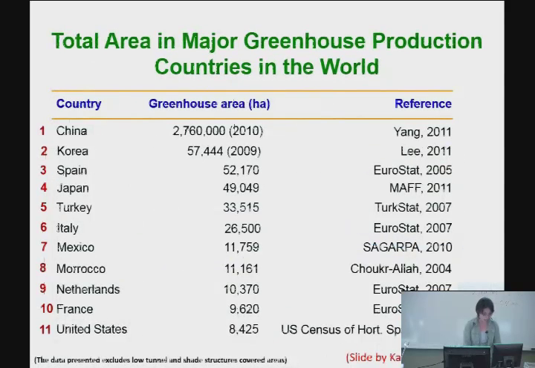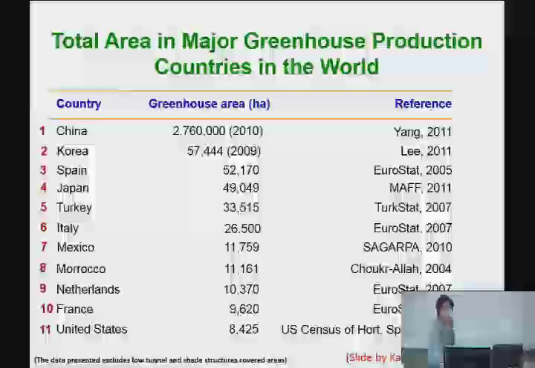And this is the list of the acreage, or hectares, of greenhouse in different countries. China has an insane number of hectares, 2.7 million hectares, times 2.5 is acres, right?